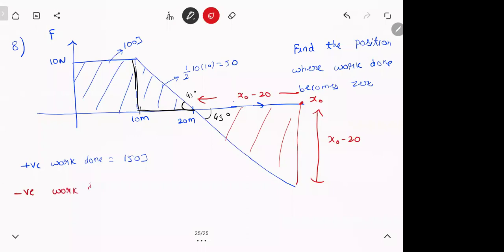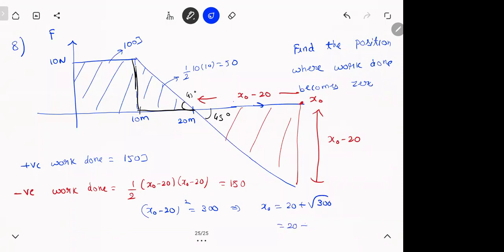So negative work done should be half base into height, x0 minus 20 into x0 minus 20. And this should be equal to 150, because you want the total work done to be 0. You get (x0 minus 20) whole square is 300. You end up with x0 is 20 plus root 300, 20 plus 10 root 3. So at this x coordinate, the total work done becomes 0.